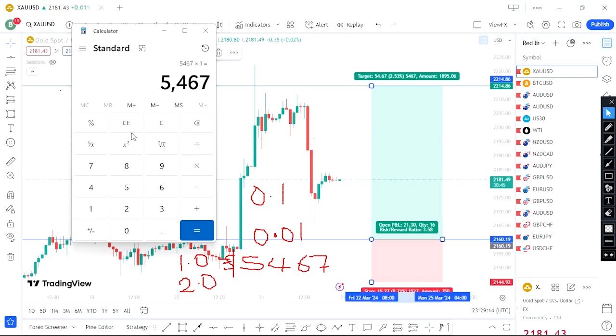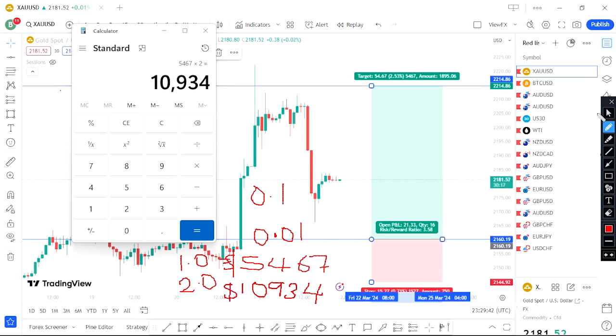If we are using two standard lots, that will be 5467 multiplied by 2. That would give us $10,934.